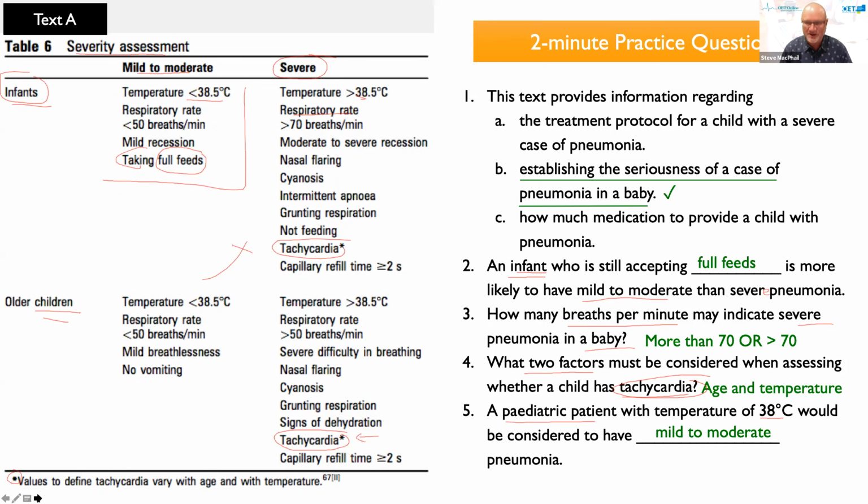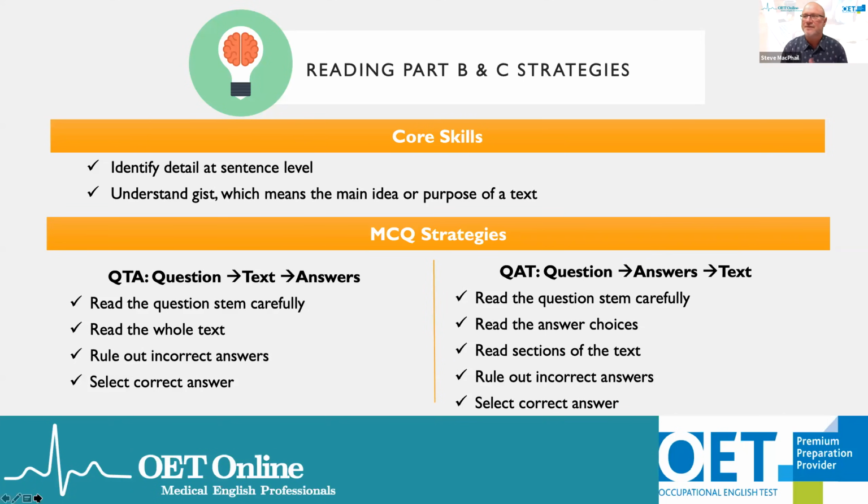All right, I'm going to keep moving, everyone. We've got a bit more to do. Part B and Part C. These are our multiple choice questions, everyone. I want to look at two types of strategies here. QTA, question, text, answer. That means read the question stem at the top first, then your text, and then look at the answer choices, A, B, C, D. That's the pattern.